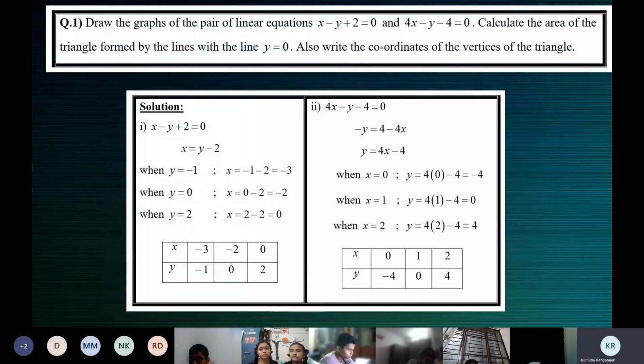There we had two equations. We had to find the triangle bounded by the two lines and y is equal to 0, that is the x-axis. And then we had to find the area of the triangle and the coordinates of the vertices of the triangle.